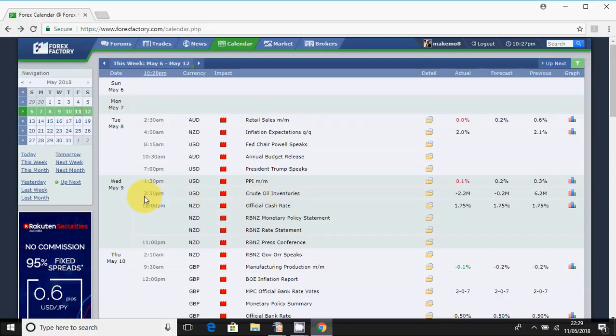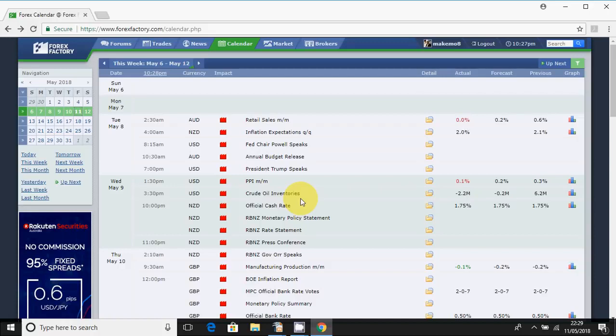So let's look at the crude oil. This was released on Wednesday the 9th at 3:30 p.m. It's US data, and it will affect the US dollar and any currency that relates to the US dollar. So the impact is a high impact, and the report is the crude oil inventory.